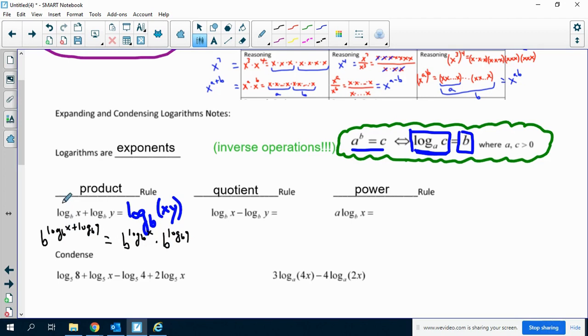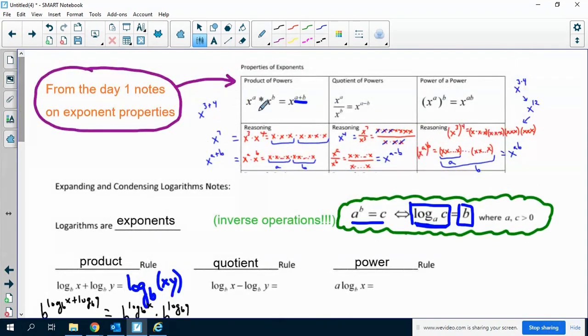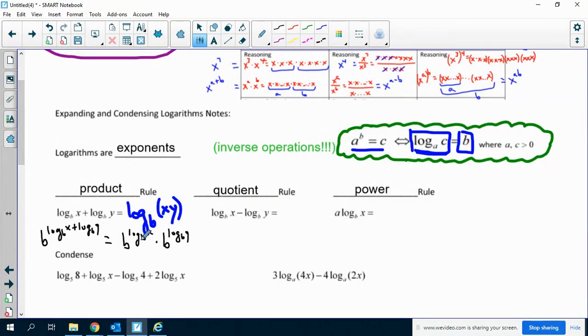And I can do that because of this product of powers property. Then b and log base b are inverses, so what that means is they basically end up canceling. Same thing over here. So now I have x times y.